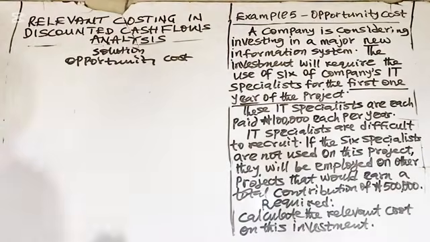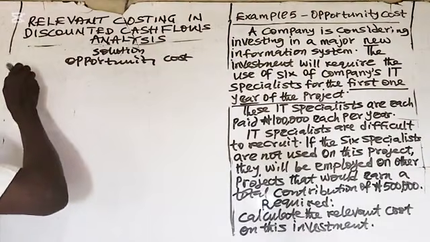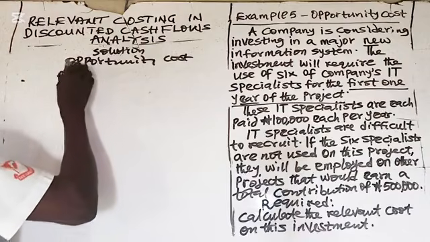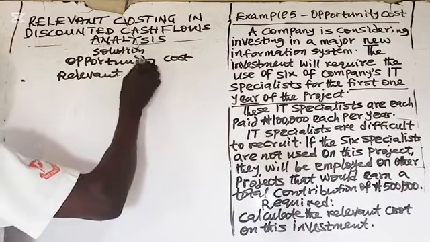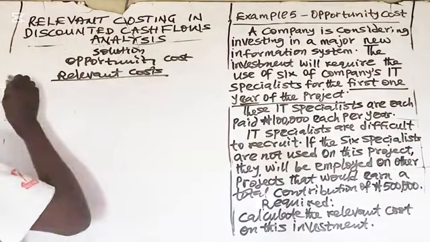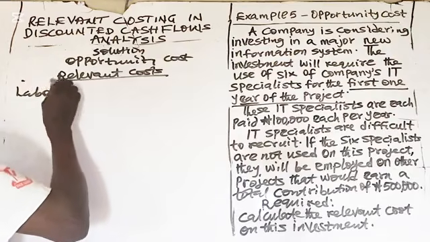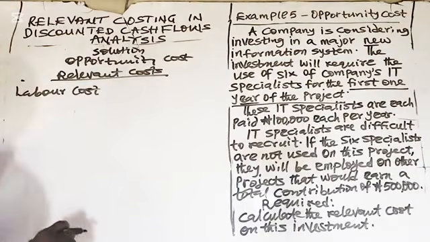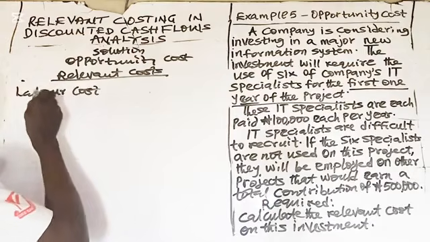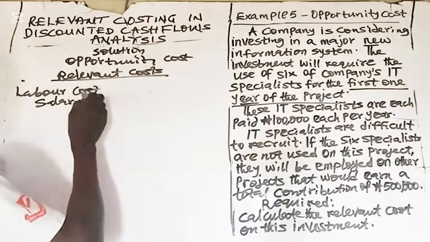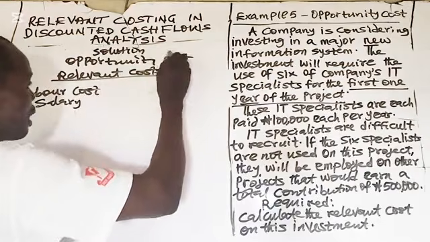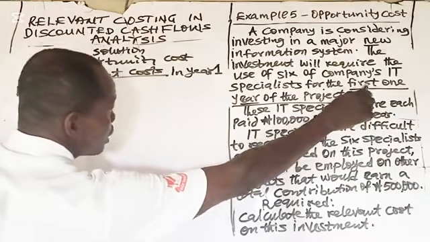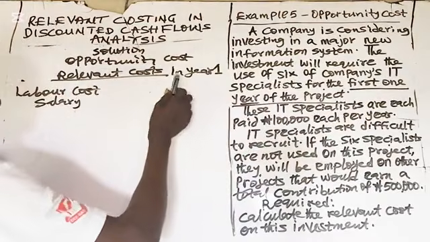So the relevant costs will comprise the labor cost, which is the salary, because the IT staff will specifically work on this project. The relevant cost in year one is the cost in the first 1 year of the project.